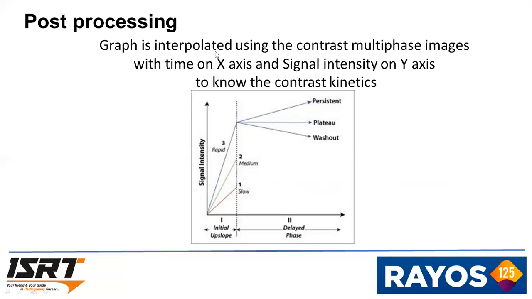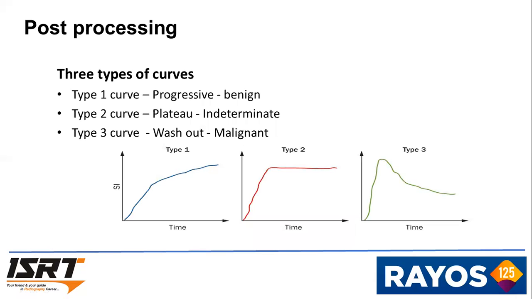A graph is interpolated using the contrast multi-phase images with time on the x-axis and signal intensity or contrast enhancement on the y-axis, to know the contrast kinetics or the behavior of the contrast enhancement. By interpolating the graph, we get 3 types of graph. We can see a graph with time on the x-axis and signal intensity or contrast enhancement on the y-axis.